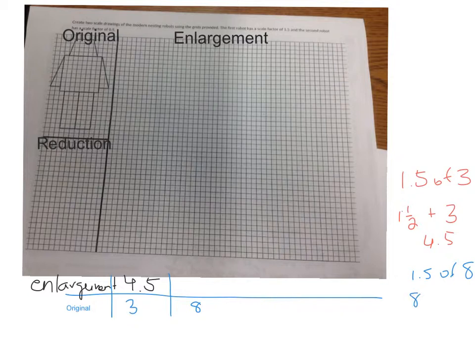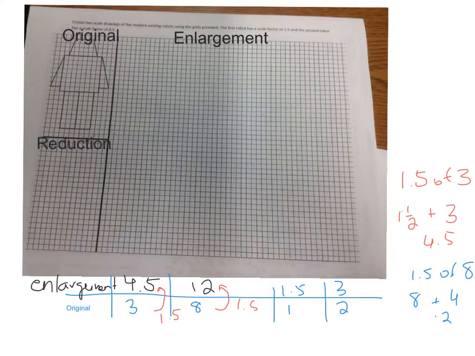Half of 8 is 4, so I'm going to add 4. And so that means I've got 12. So I want to remember that every time I'm multiplying up here by 1.5. I'm going to keep adding in values, and you should do the same.